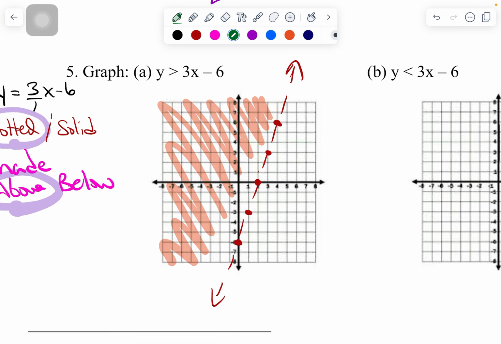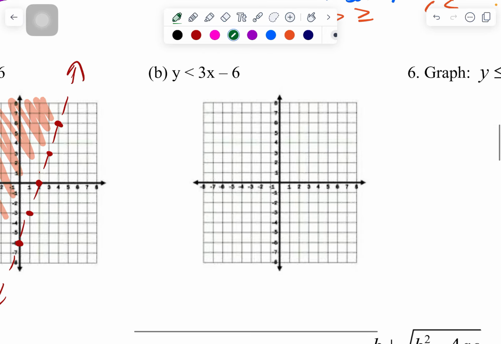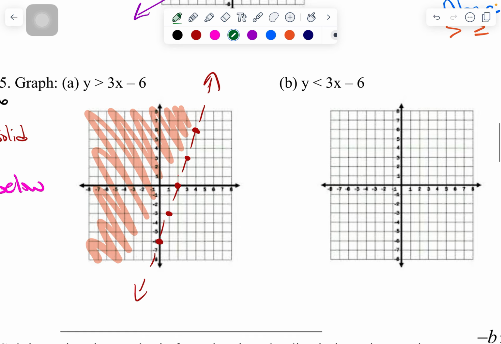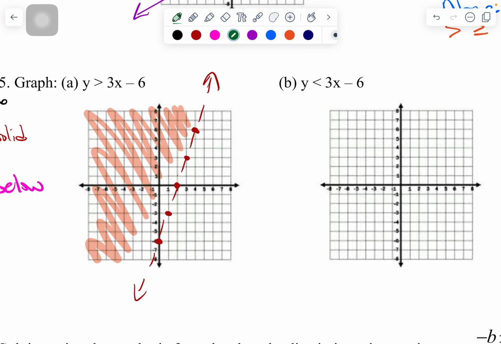All right, part B here, which honestly, part A and part B kind of look really similar, don't they? The difference is part A here, we've got greater than, part B here, we have less than, but everything else is the same. All right, so boundary line, we're still going to start at -6. 1, 2, 3, 4, 5, -6.